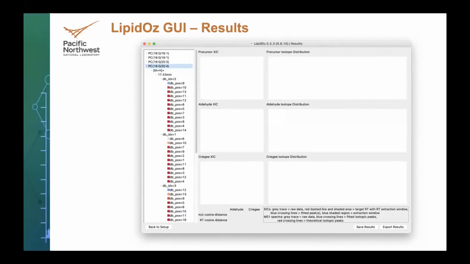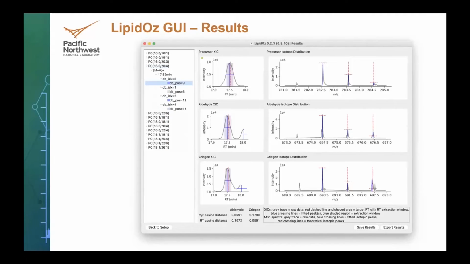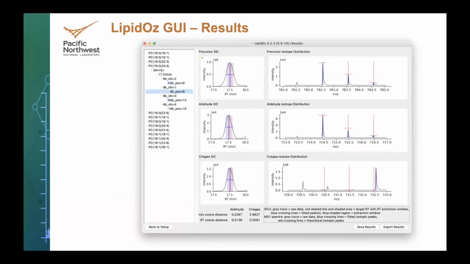So we have functionality in here where you can go through and just delete results that are total garbage. As I've highlighted here, we could get rid of all of these. And now for every double bond index, we have just a single double bond position left that has good scores.